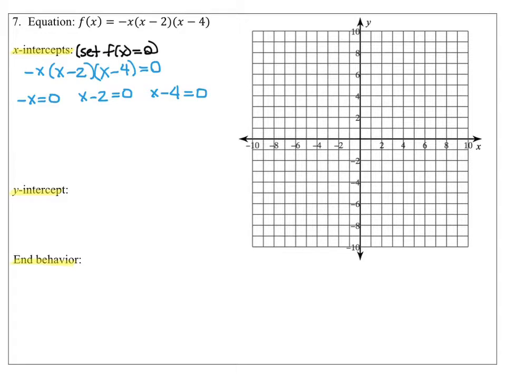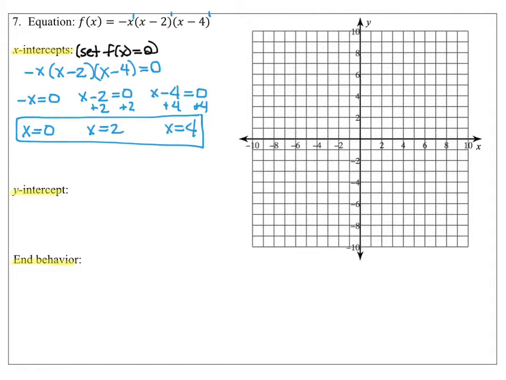If I solve each of these equations, I get x equals 0, x equals 2, and x equals 4. Because my exponent on each of these factors was a 1, I could say on each of them the multiplicity is 1.